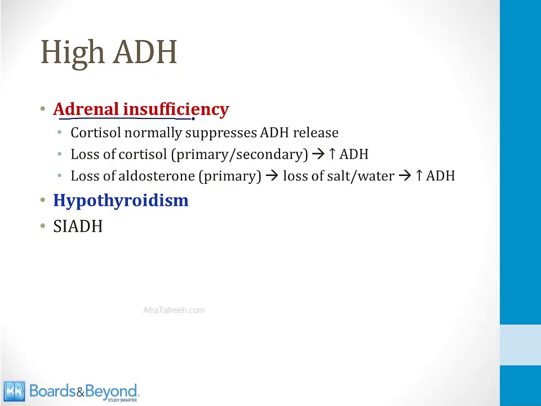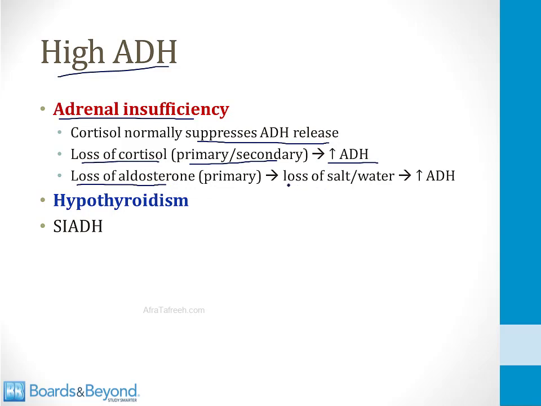Adrenal insufficiency is a well-described cause of hyponatremia that works via high ADH levels. I talk about adrenal insufficiency in detail in the endocrine modules, but for our purposes here, cortisol normally suppresses ADH release. So the loss of cortisol in primary or secondary adrenal insufficiency can lead to high ADH levels. In addition, in primary adrenal insufficiency, there's also a loss of aldosterone secretion.